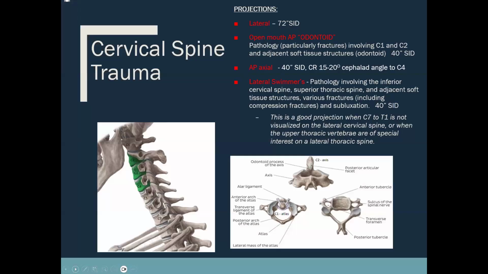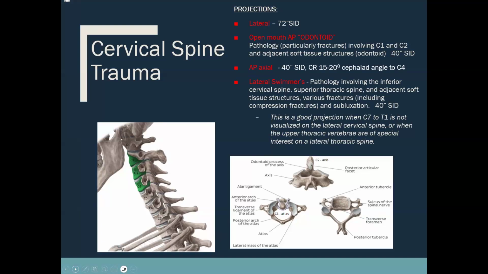All right, now the routine trauma C-spine projections. You would do a lateral projection with 72-inch SID. You can do an AP odontoid with the patient lying on the table or on a backboard. You could lift the backboard and put an image receptor underneath for the patient.